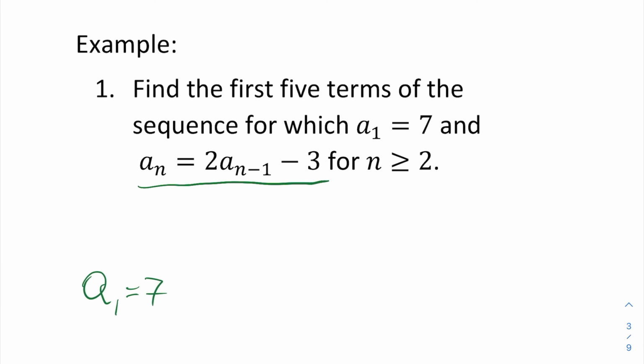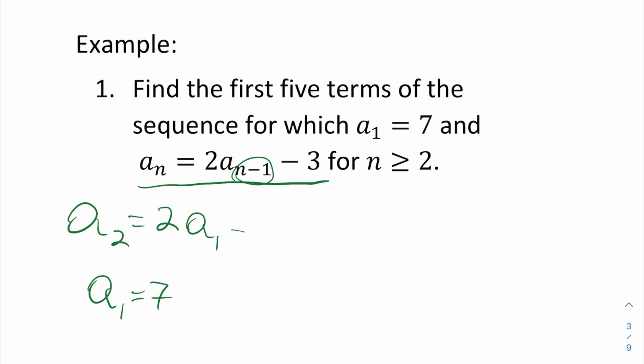So that means that if I wanted to find a2, for instance, a2 would be 2 times a1, minus 3. So in this case, that's equal to 2 times 7, which was a1, minus 3. 2 times 7 is 14. 14 minus 3 is 11. So a2 is equal to 11.